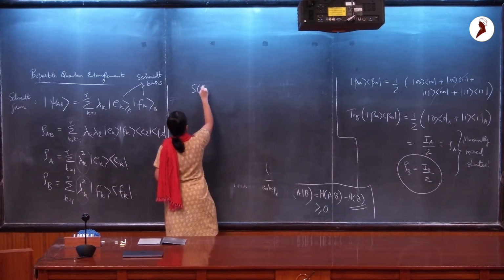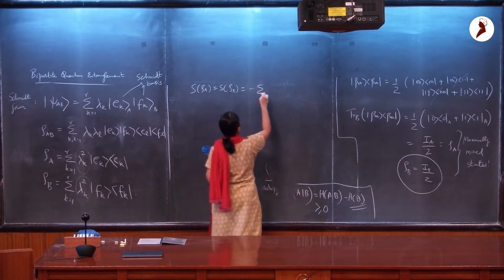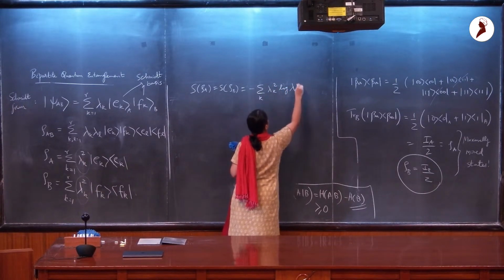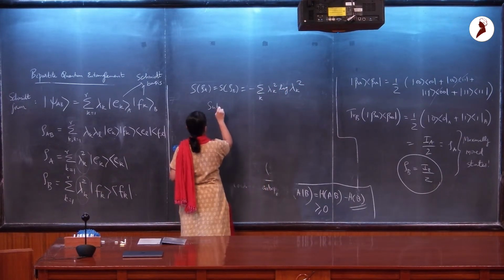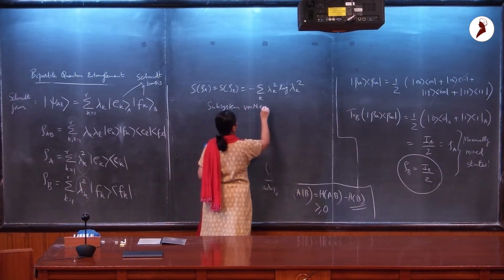So S of rho A is the same as S of rho B, which is minus sum over K, lambda K squared, log lambda K squared, and this is what we call the subsystem von Neumann entropy.